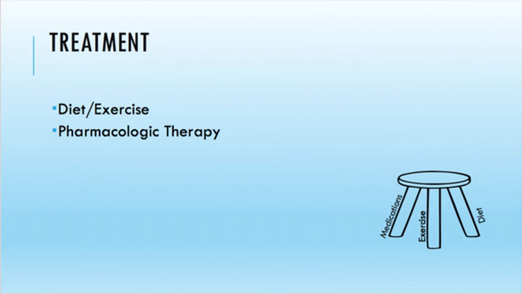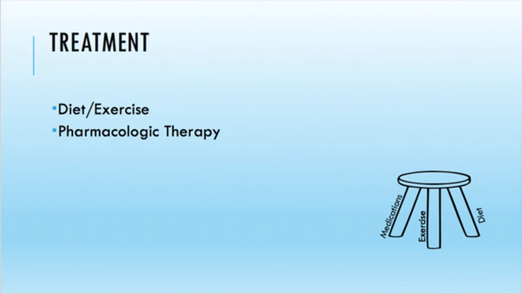We want it below 7. We want preprandial or pre-meal glucose level of 80 to 130. And you want the peak postprandial, so peak after meal, to be less than 180. Right? And the goals might be a little more strict or a little more lenient, depending on the person and the provider. So it is a little bit of an individualized plan.